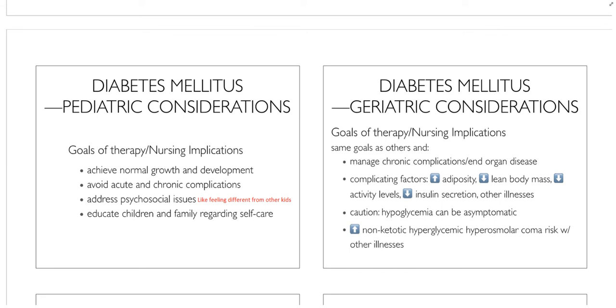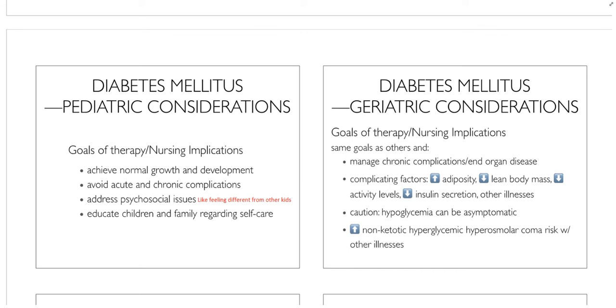And the big thing here with kids is that we want to address psychosocial issues because, as part of one of Erikson's stages of psychosocial development, they are going to end up feeling poorer about themselves when they notice that they are different than other kids. So that's something we need to address in them. And we also need to address education for children and parents regarding self-care and how to manage their diabetes, just like adults.